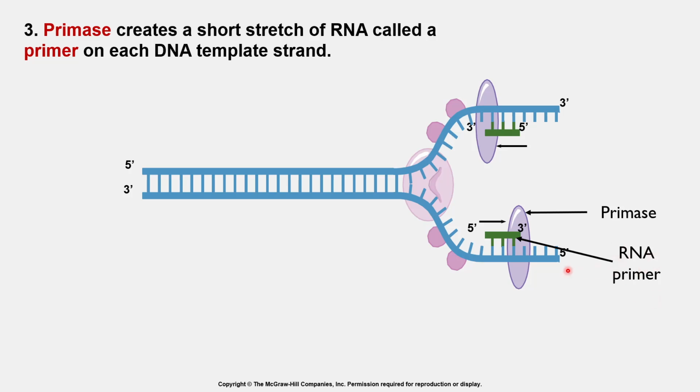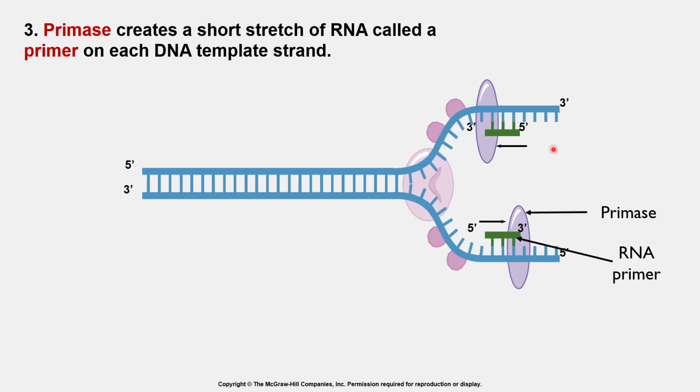And the purpose of this primer, as we mentioned, is to teach the DNA making enzyme where it needs to start. One thing that is important to note about primase and all subsequent enzymes that we're going to be talking about is that they only work in one direction along these DNA strands.